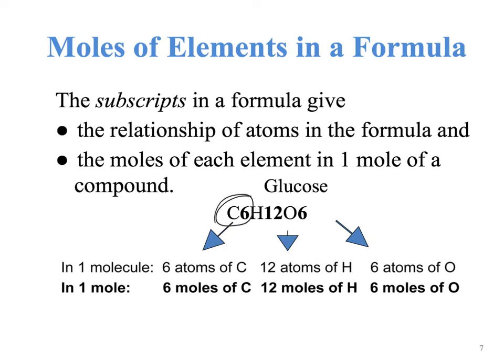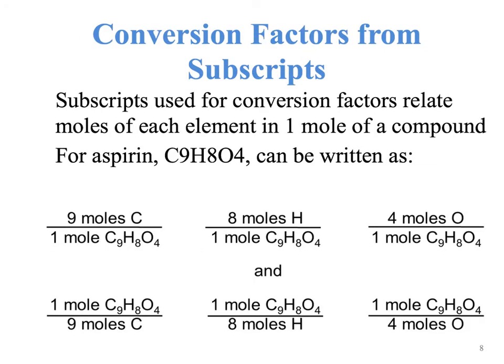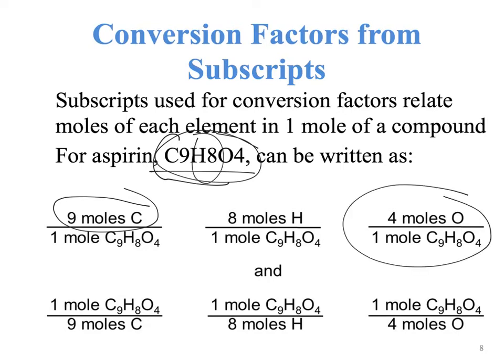With this, we can write conversion factors. For example, given this formula, we could say 1 mole of aspirin equals 9 moles of carbon. 1 mole of aspirin equals 8 moles of hydrogen, or 1 mole of aspirin, 4 moles of oxygen. And each conversion factor has its inverse.